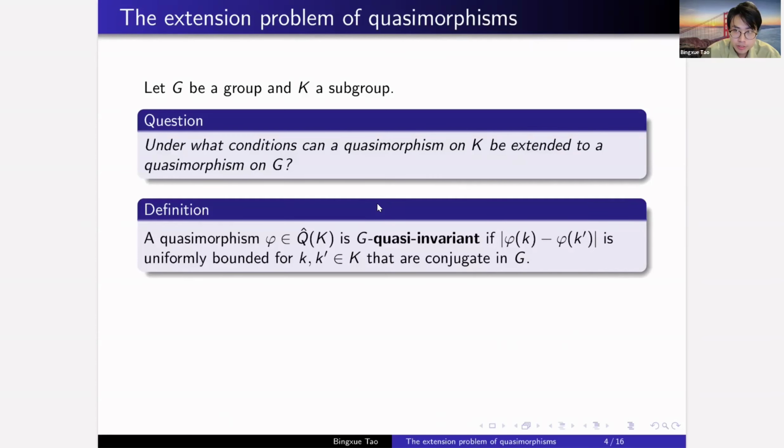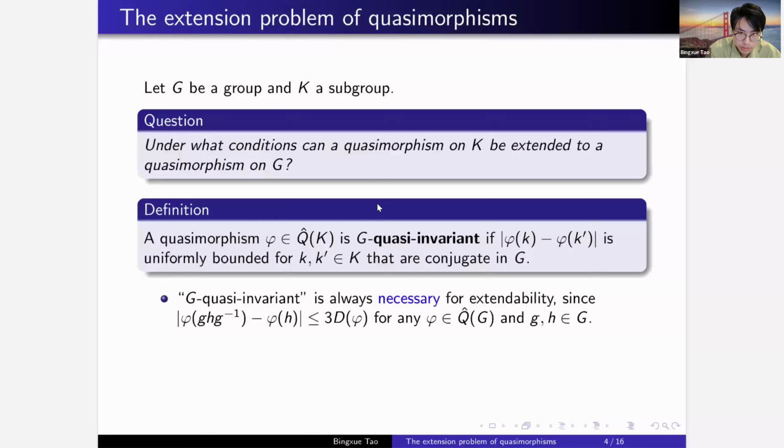First we introduce a definition of G-quasi-invariant quasimorphism. A quasimorphism phi on K is called G-quasi-invariant if for any two elements in K that are conjugate in G, the difference of the values of phi is uniformly bounded. Why do we care about this kind of quasimorphism? Because it is easy to see that G-quasi-invariance is always necessary for extendability.